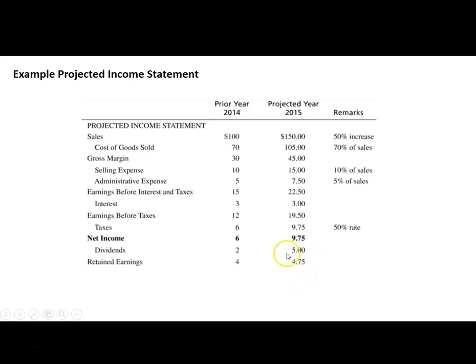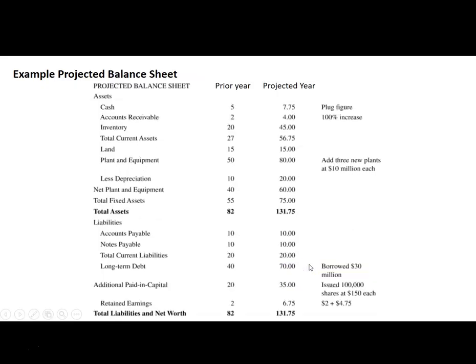You're going to want to remember this number because when we move over to the balance sheet, remember we start down here at the bottom with retained earnings. And you'll notice the total here for retained earnings in the projected year is 6.75. How did we get that? Well, first thing we did is we went to the prior year's retained earnings, which was 2.